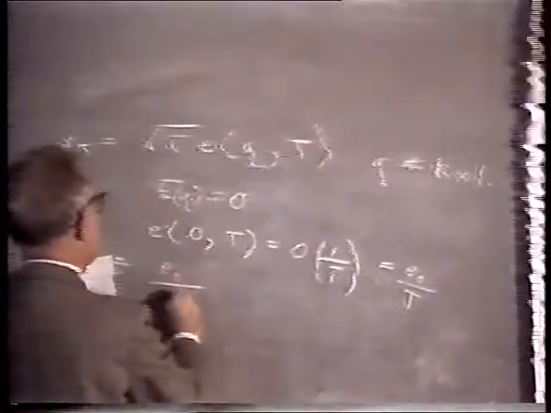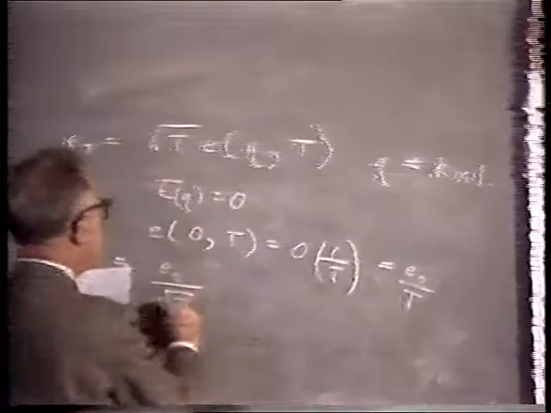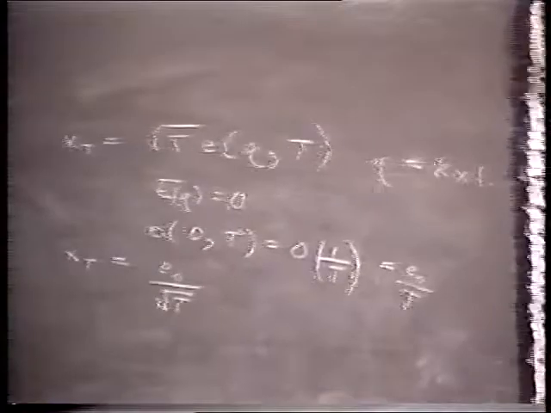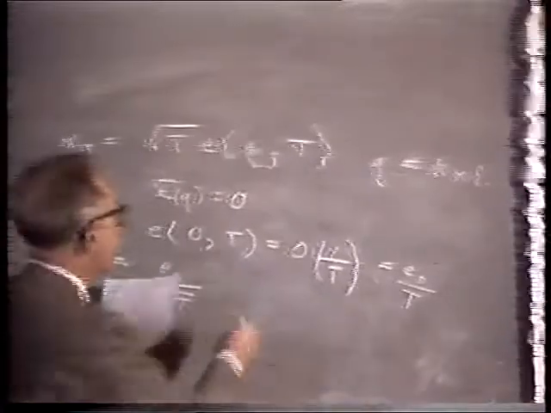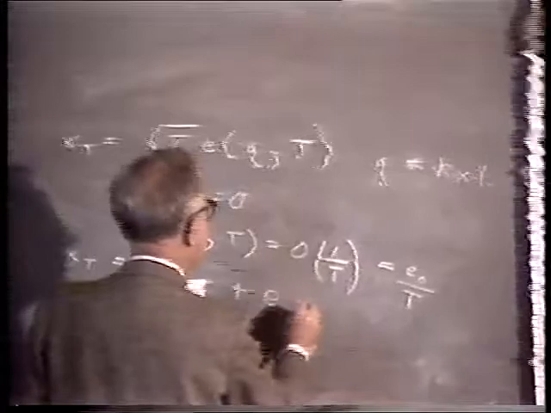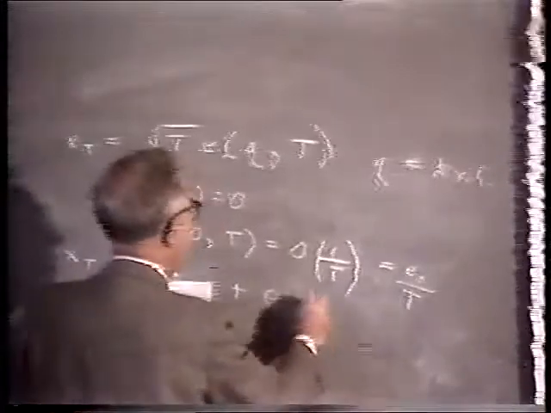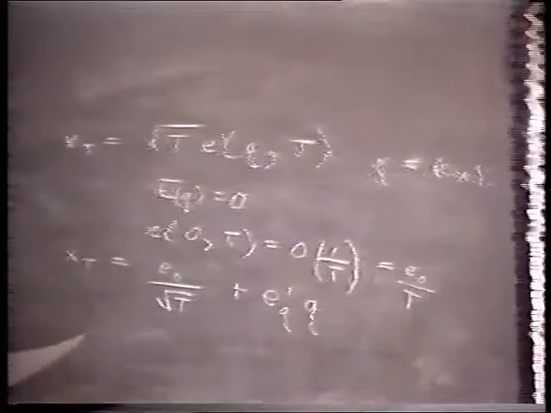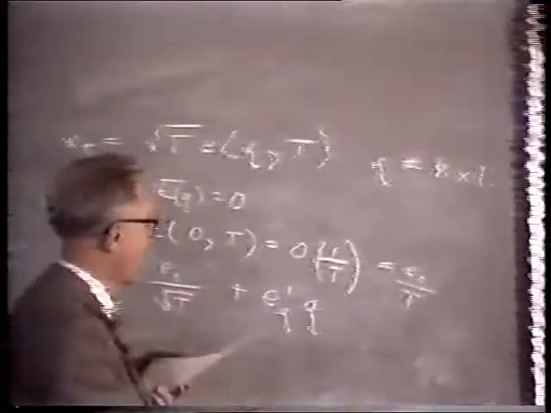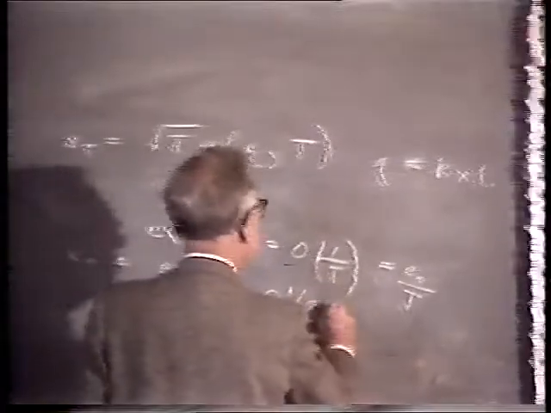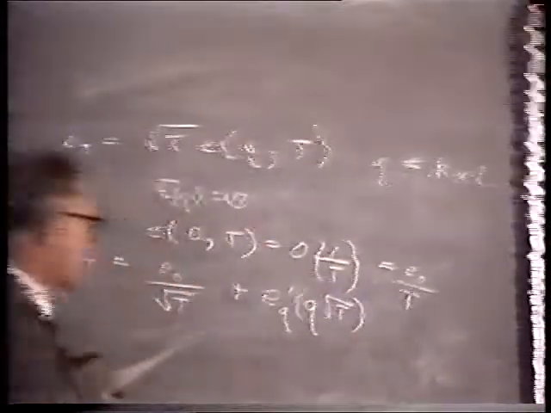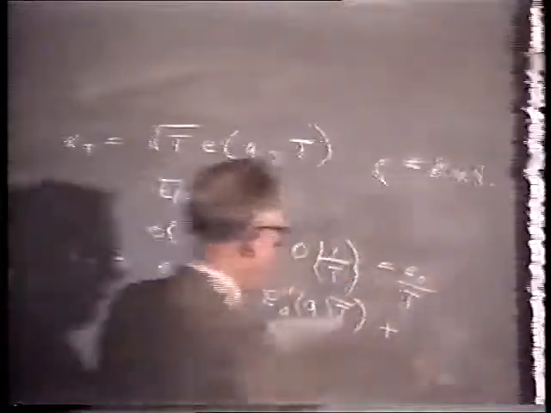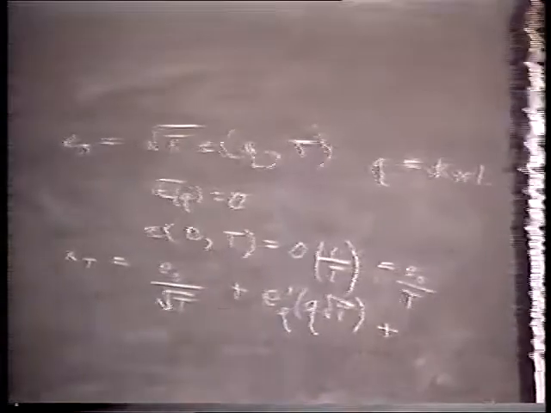So when we now see what X_t is, of course we've got E naught over square root of t, which means that it's going to be relatively negligible compared to the next terms, which we can write in the form E_Q times Q multiplied by square root of t, plus further terms, which I'm going to discuss later.